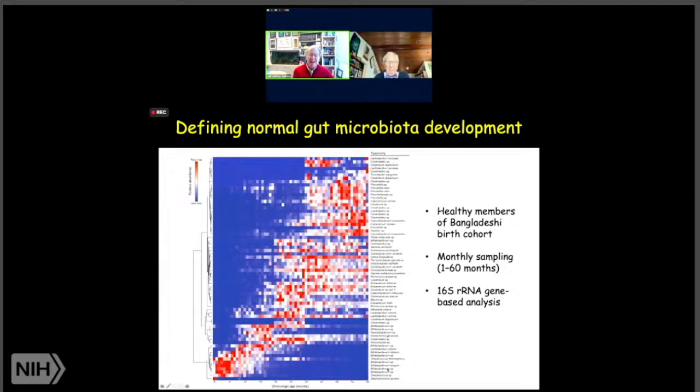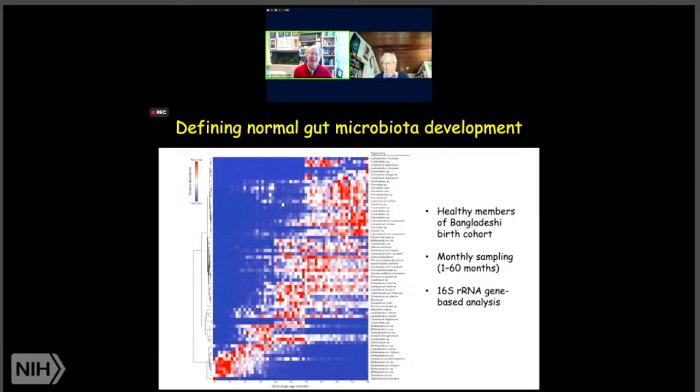And you can see down in the left lower quadrant of this heat map, a group of organisms that are very prominently represented in the first several months of postnatal life and become more diminutive, and those that become more prominent later on. Now, this is the result actually of the 5-year analysis.